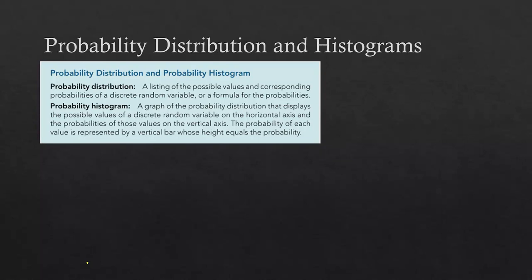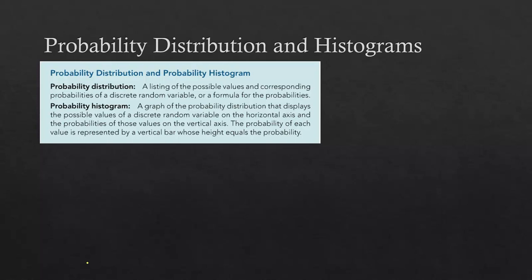So the two main things that you're going to see with this section are probability distributions and probability histograms. Basically, a probability distribution and histogram show you the possible values and the likelihood that they're going to happen.